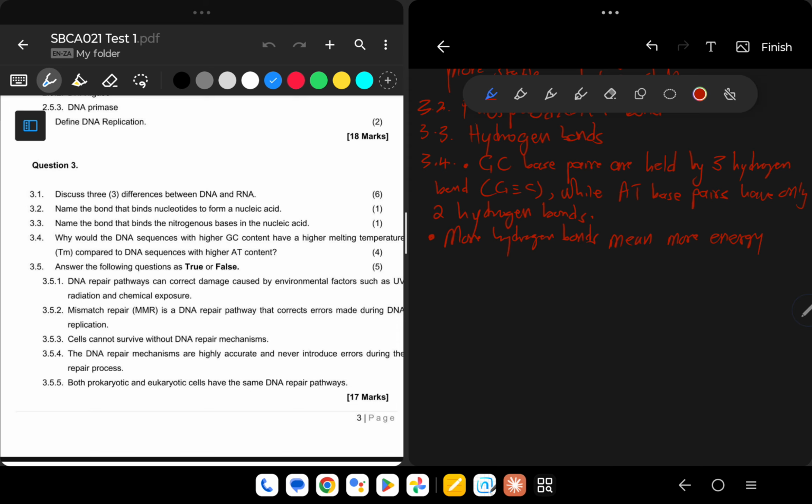When you talk about energy, we're speaking about energy in terms of heat. It's going to be required to break the bonds between the nitrogenous bases.